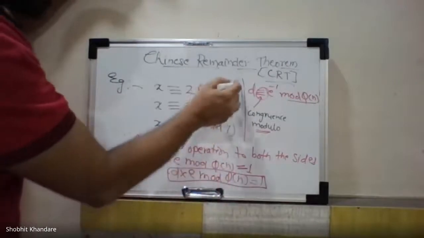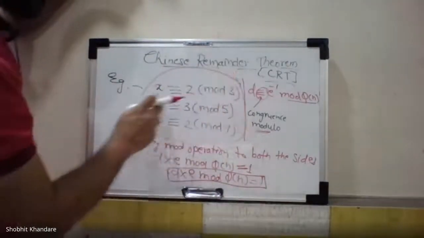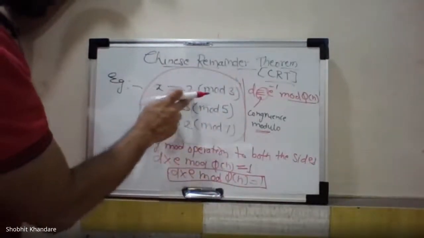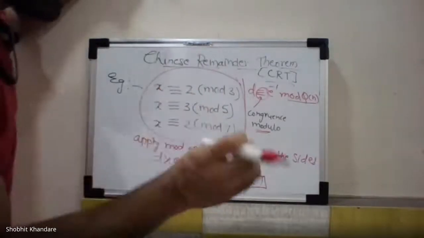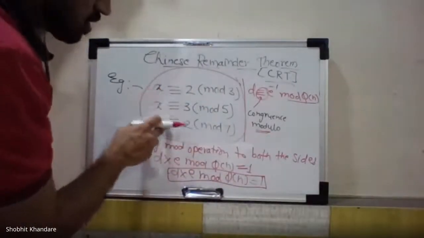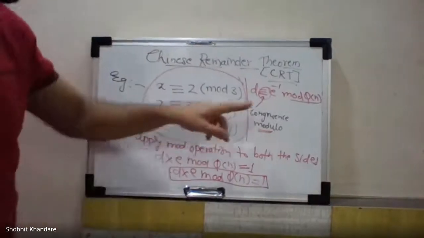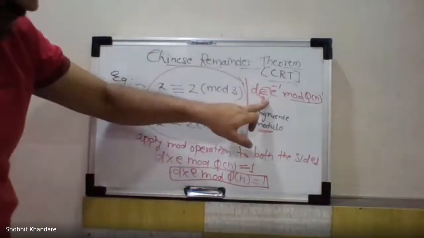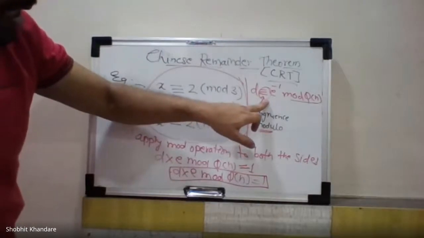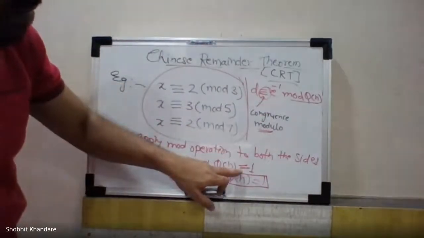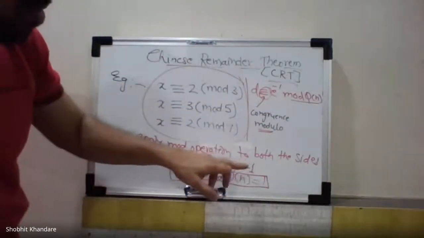Now here, what is this, we are going to see. Here it is given congruence to mod of 3. Now what is the actual significance of this congruence, we are going to see here now. I just told you how this congruence is converted into equal sign by multiplying both the sides by mod function.